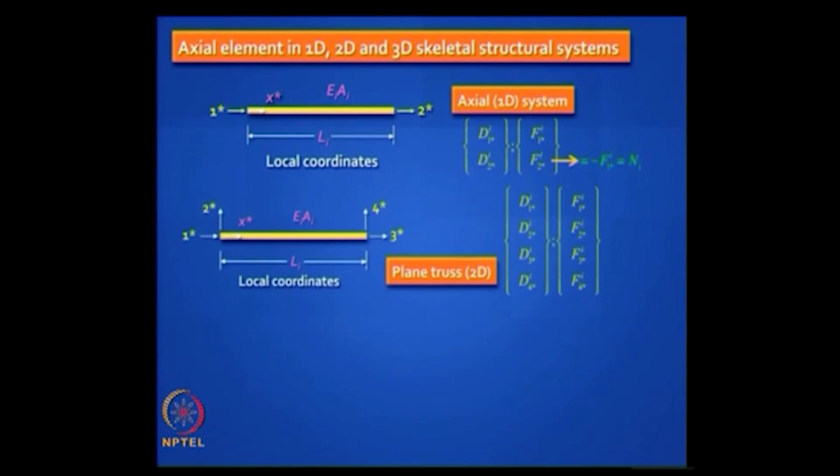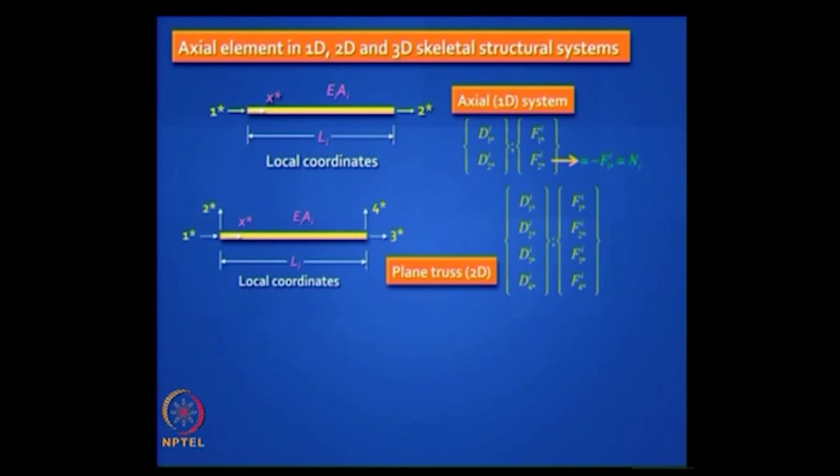So this is a plane truss element. Here you have 4 degrees of freedom, we have seen this in the last module, and you are familiar with this. Here again the displacement vector has independent components, that is how we identify the degrees of freedom, but the force components are again interrelated. Can you say something about those? F2 star and F4 star are 0.